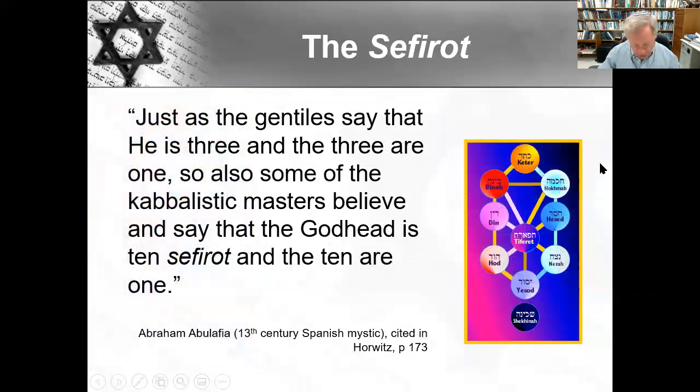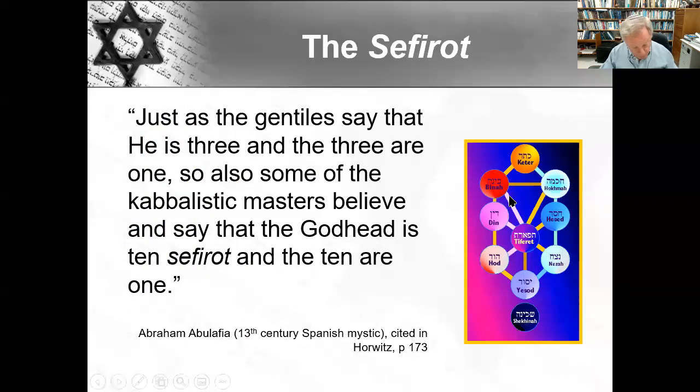And this one, I just came across in another book I'm reading by Horowitz, which I think is important for us to keep in mind, because I often hear Jews denigrating Christianity as not being monotheistic, because Christians talk about the Godhead having three aspects: Father, Son, and Holy Spirit.